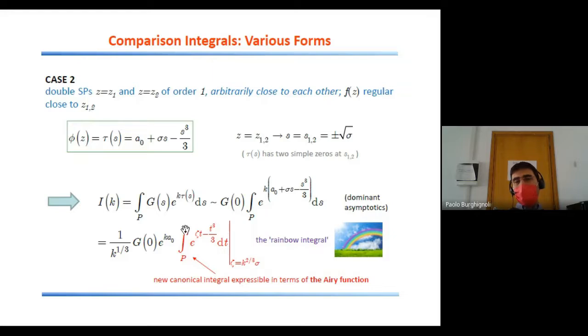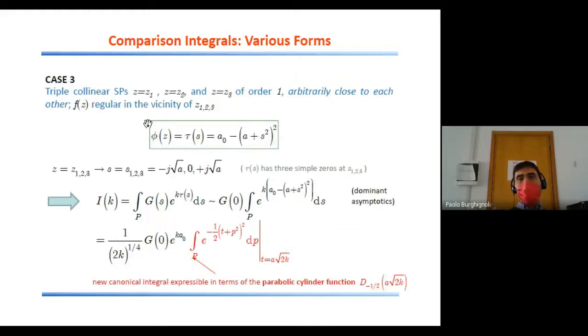So anyway, this is a function that is tabulated. It is very well known. So when this case occurs, as you can see, you have this term here, 1 over k to 1/3. But in addition to that, you also have a special function, the Airy function, evaluated at this parameter Greek z.